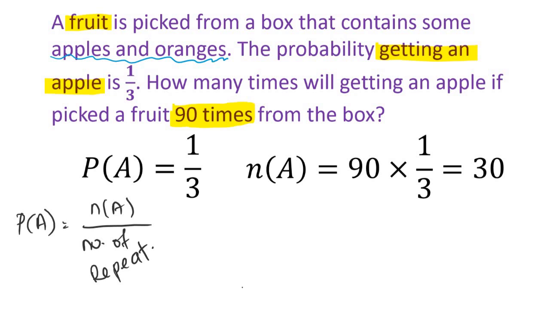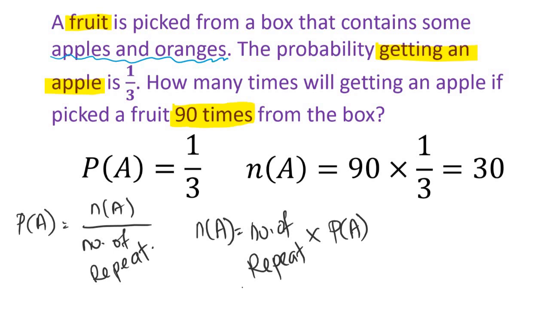So I have the formula: number of event A is equal to the number of repeats multiplied by the probability of A. That's why I have the working: 90 repeats multiplied by 1/3, and I get 30. This is all according to theory. Remember, all this calculation is according to theory.